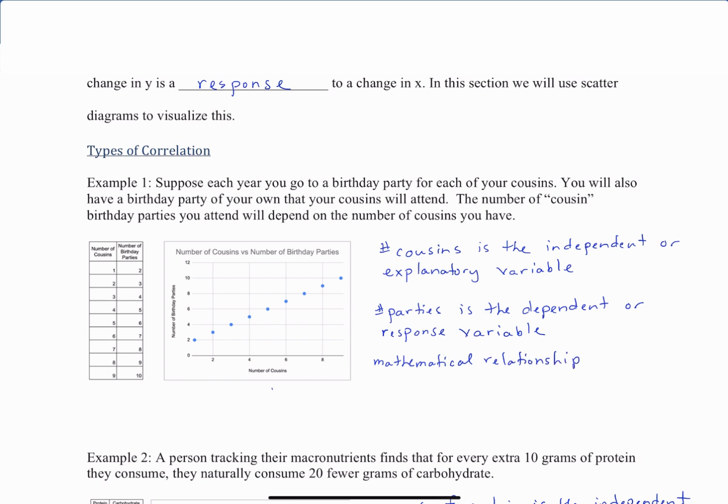And it is that if y is the number of birthday parties, and I'm letting y be the dependent variable as usual, that's going to be equal to the number of cousins plus 1. Now, having a mathematical relationship between the two variables is what we mean by having a correlation. So, these variables are correlated.